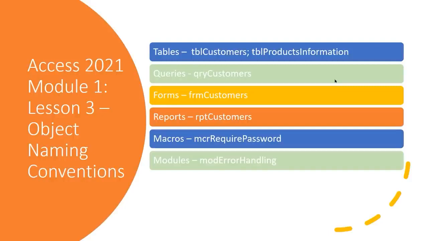The reason why I use the prefix, if I'm looking at my database objects in a list of some sort, typically I may use the same name for different objects. So we have queries, and I could have a table named tblCustomers, but I could also have qryCustomers, which immediately lets me know it's a query. frmCustomers, it's a form. rpt for reports. mcr for macros, and mod for modules.